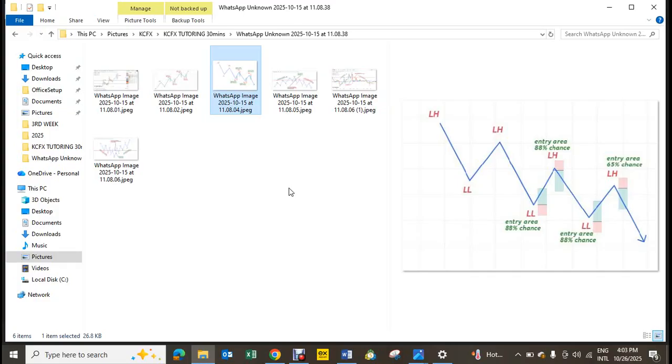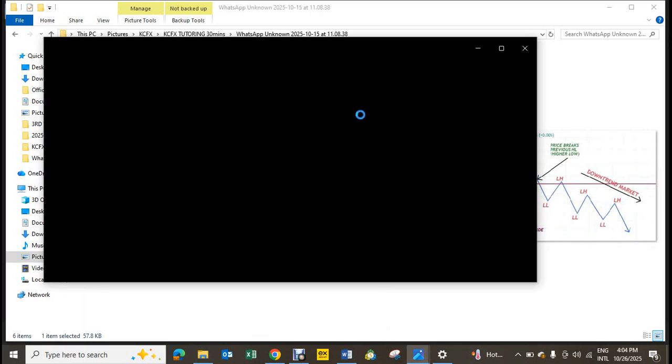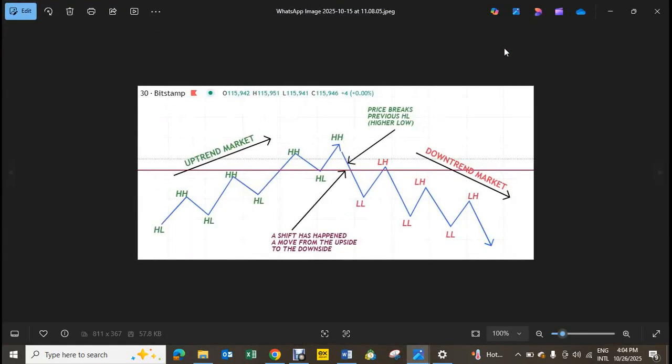Okay, let's continue. Now we know the higher high means bullish momentum, lower high means downward momentum, a downward market trend, right? So now I'm going to explain this really quick.